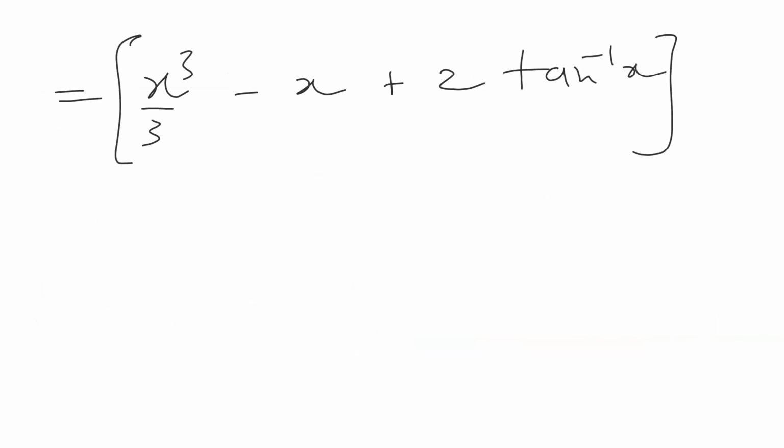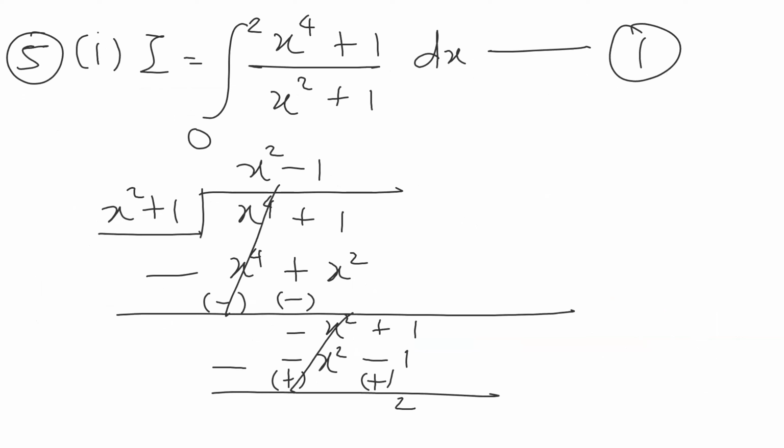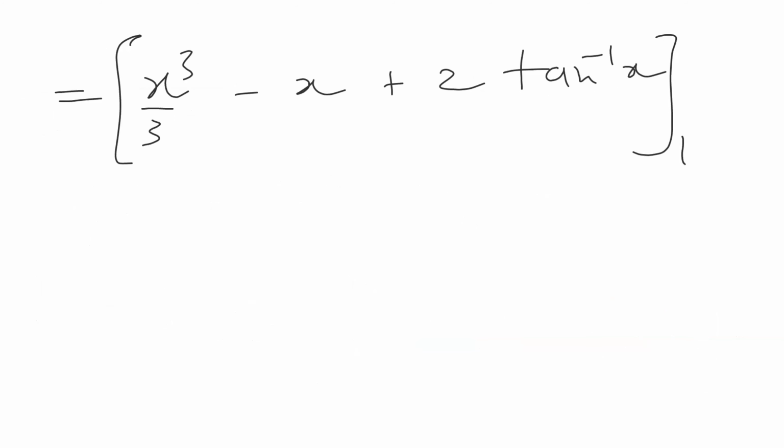X cube upon 3 minus x plus 2 tan inverse x, lower limit is 0 and upper limit is 2. Guys, do you have the same lower limit and upper limit? Or have I written something wrong? No, it's right. Thank you.